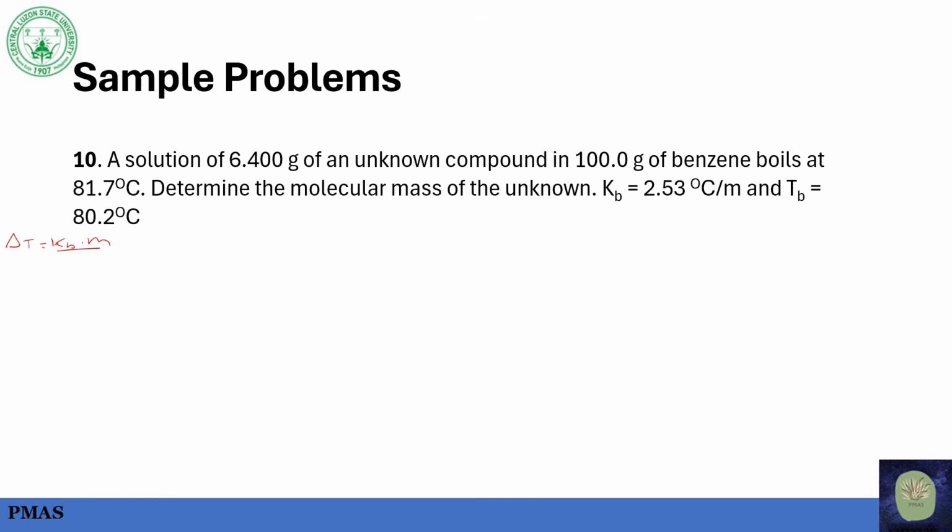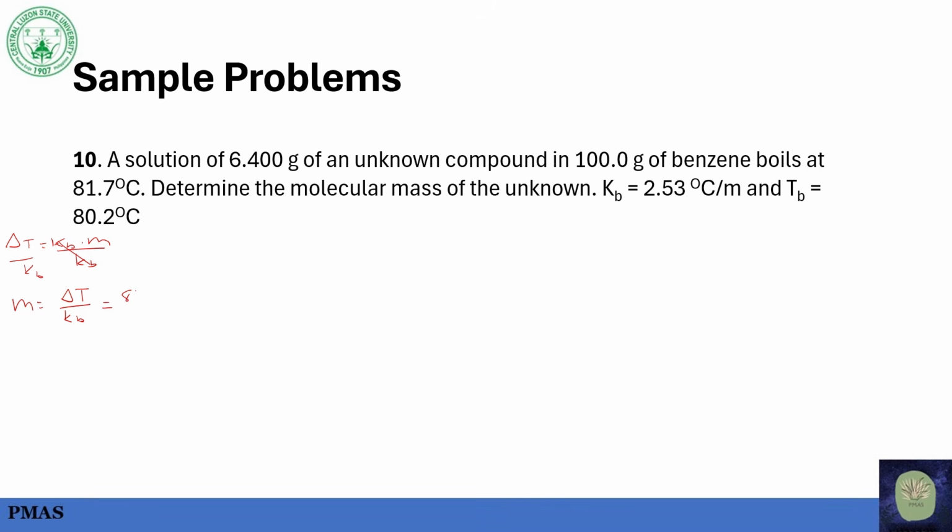Now to solve for molality, we divide by Kb. So molality is equal to delta T over Kb.